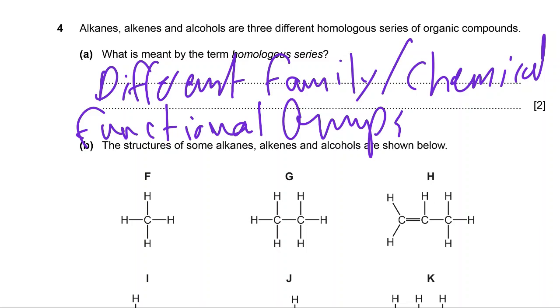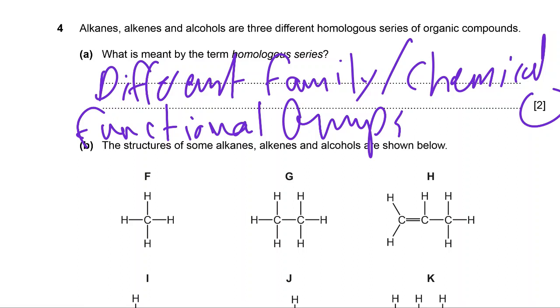We have a list of differences, and because it's 2 marks, you need two. You may say they have a general trend in physical properties like boiling point and melting point, and also you can say each member of a homologous series increases by CH2. Okay.